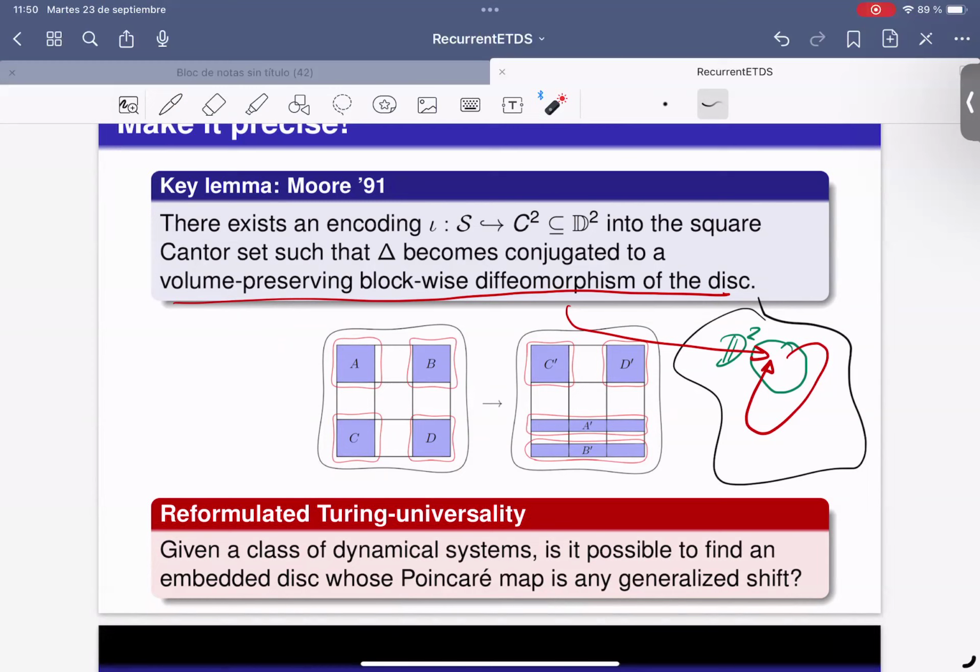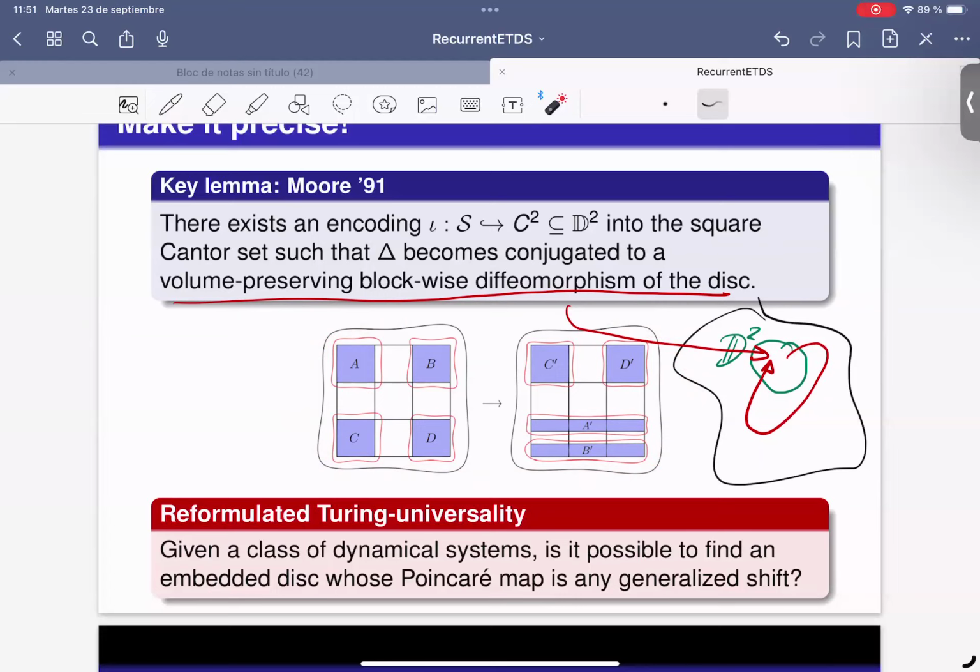Exactly. And the important thing is that it's now a purely mathematical, geometric question. Can I embed these block-wise diffeomorphisms of the disk as Poincare return maps of certain dynamical systems?